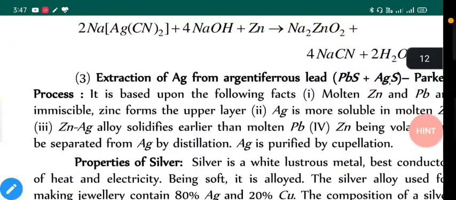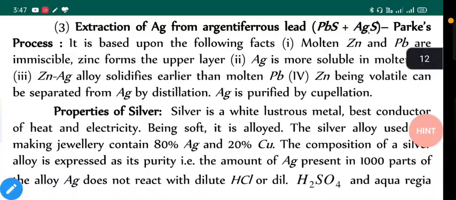Next, extraction of silver from argentiferous lead, which is known as the Parkes process. It is based upon the following facts. First, molten zinc and lead are immiscible. Zinc forms the upper layer, just like oil floats above water. Similarly, zinc will float above the lead, because lead is a heavy, dense metal.